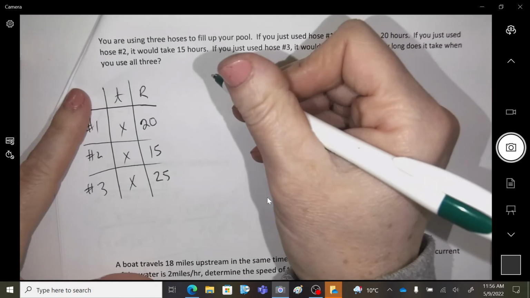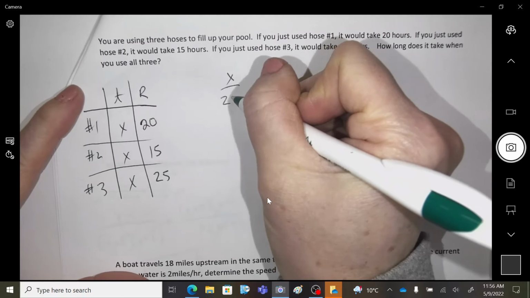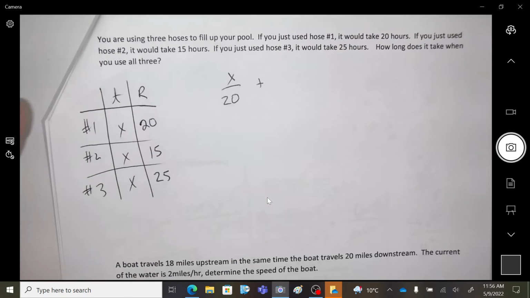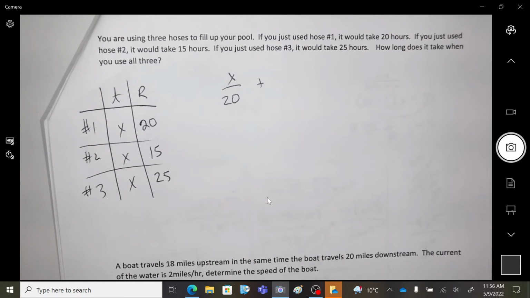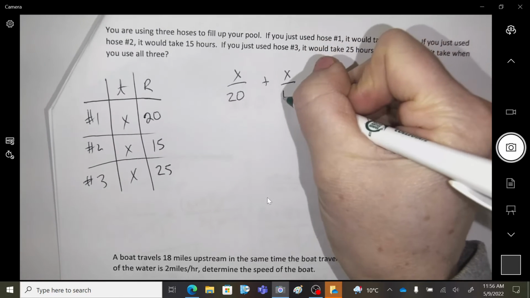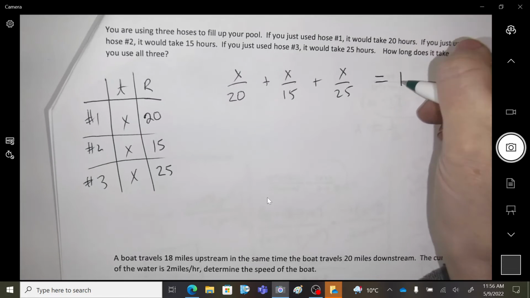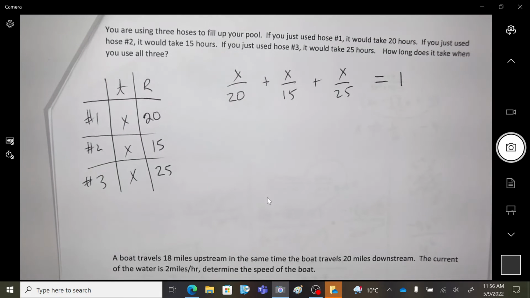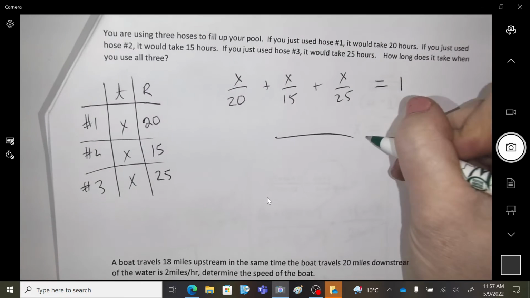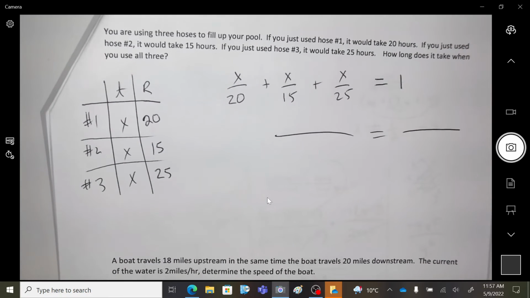Okay, so now time over rate is the job that they do, plus the second job, plus the third's job. They make up the whole job when they're done. Okay, common denominator, I have to find something that will work.